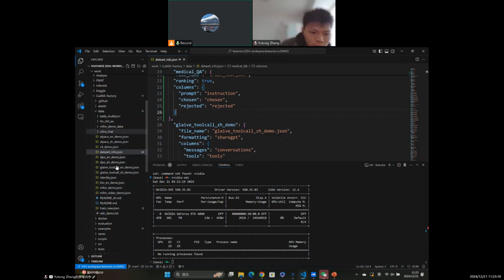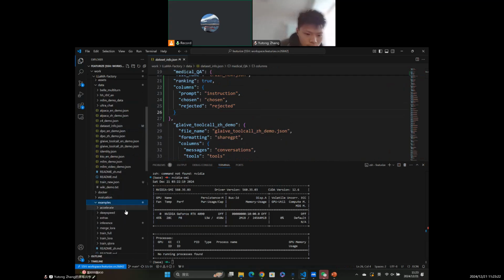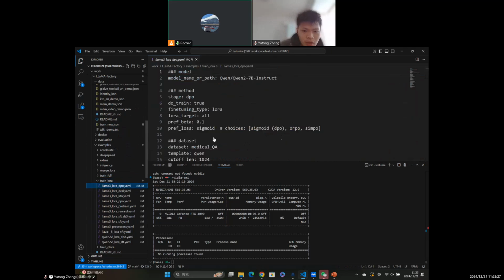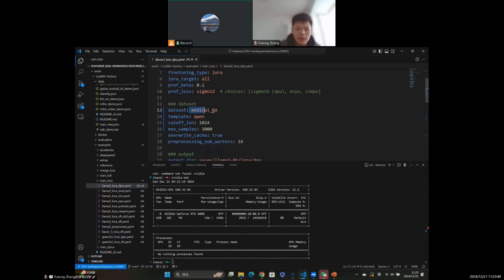Then we're going to use the direct preference optimization algorithm. Here I'm going to change this. I use Qwen2 7B instruct and do DPO training, and this is my dataset and template, which is a predefined template for different models.